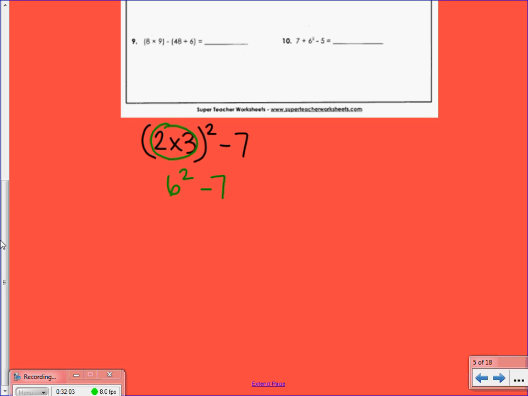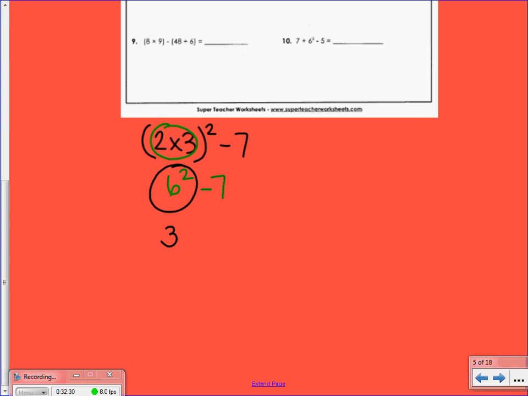Let's see. Okay, so do we have any more parentheses? No. What's the next thing we look for in PEMDAS, Nathan? Exponents. Do we have any exponents? Yes. So we're looking at this next. 6 to the second power, not 6 times 2, is what? 36.